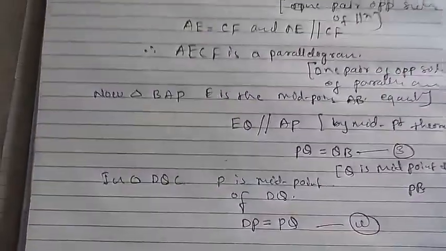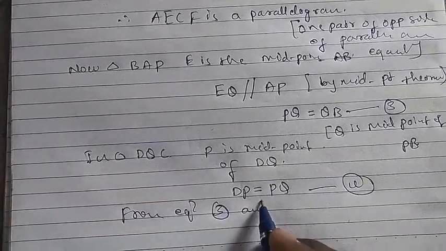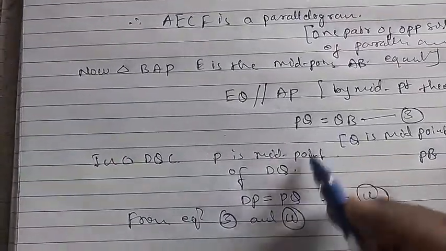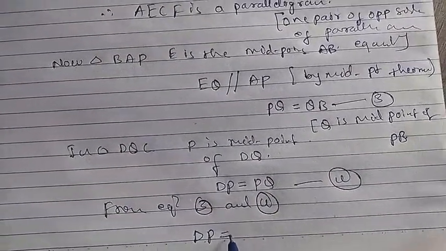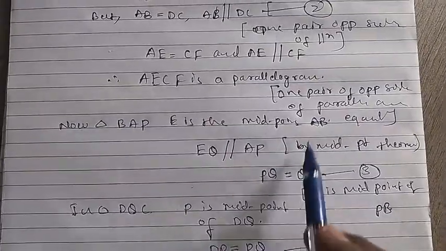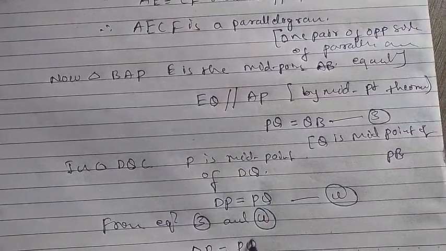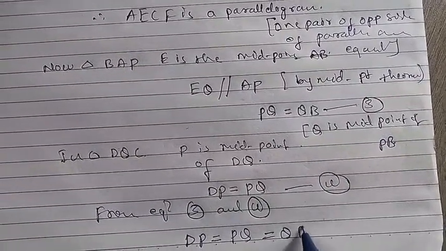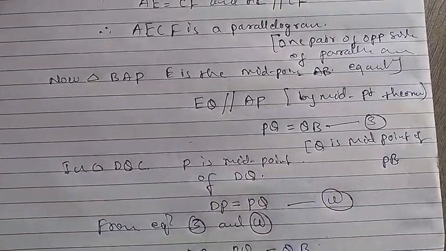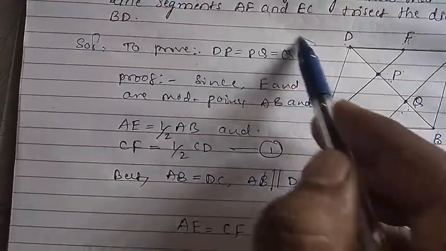Now see, from equation 3 and 4, see what we get here. Compare equations 3 and 4 here. So DP is equal to PQ, right here. Now PQ is equal to QB. From equations 3 and 4, DP is equal to PQ and PQ is equal to QB. See what you have to put, what they asked you to prove here.